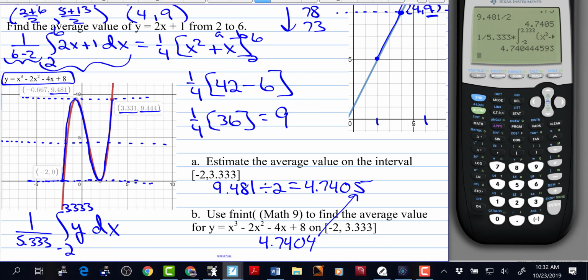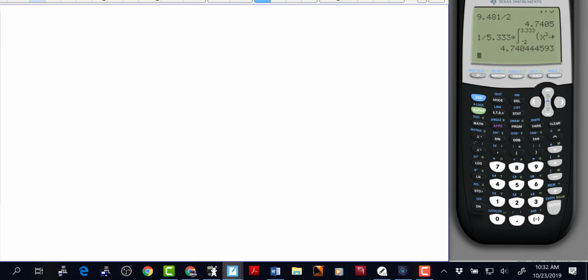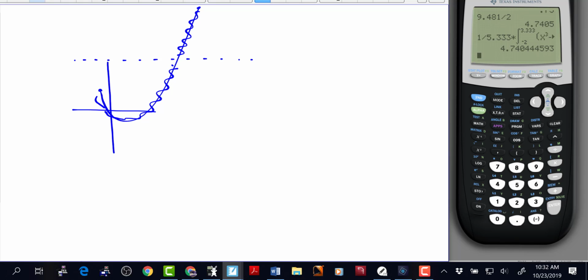Because now, if we had a function like this, from here to here, cutting this, taking this value and cutting it in half, do you see that you have a lot less up here than you do down here?